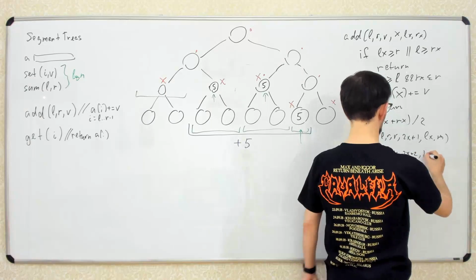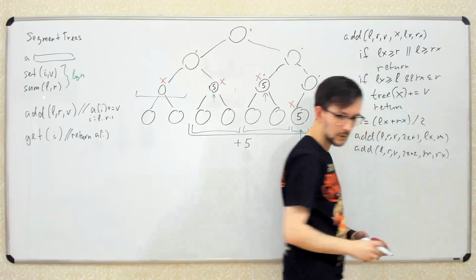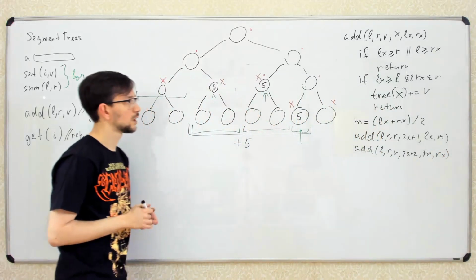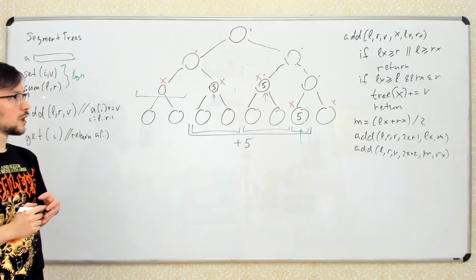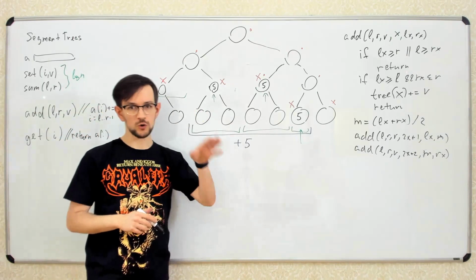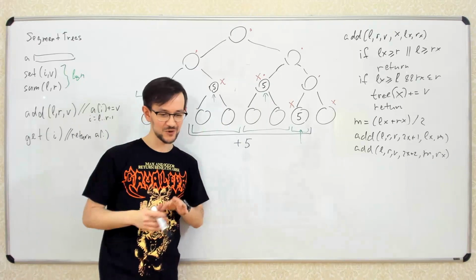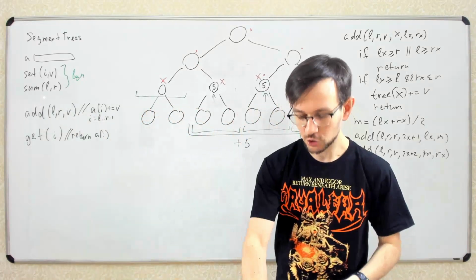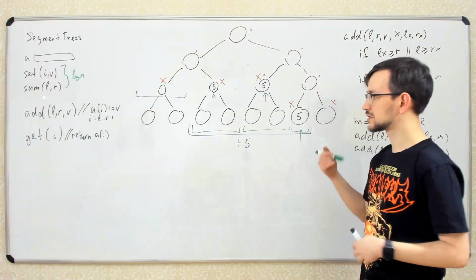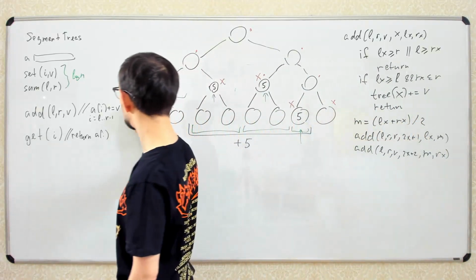That's all. And this code also works in logarithmic time for exactly the same reasons we discussed in the previous lecture. So the total number of nodes we visit in this recursion is up to log n. So this works in log n time.